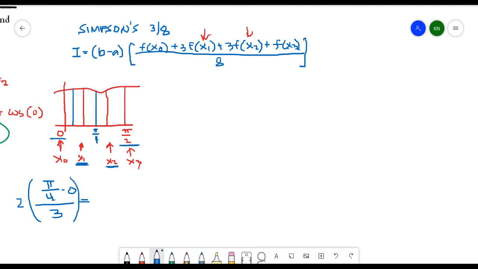So if you try to calculate this, this is already equivalent to pi over 6. So meaning to say, this one is pi over 6.